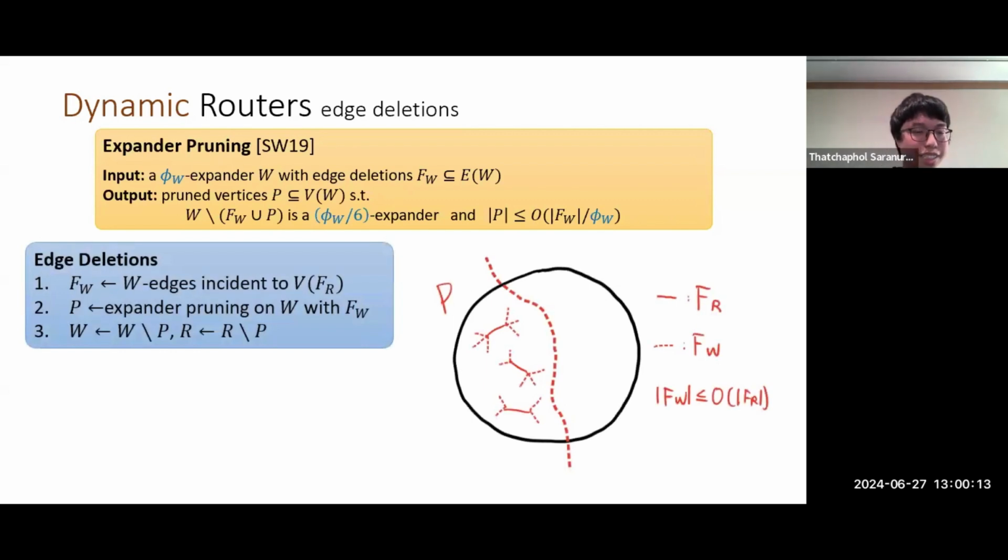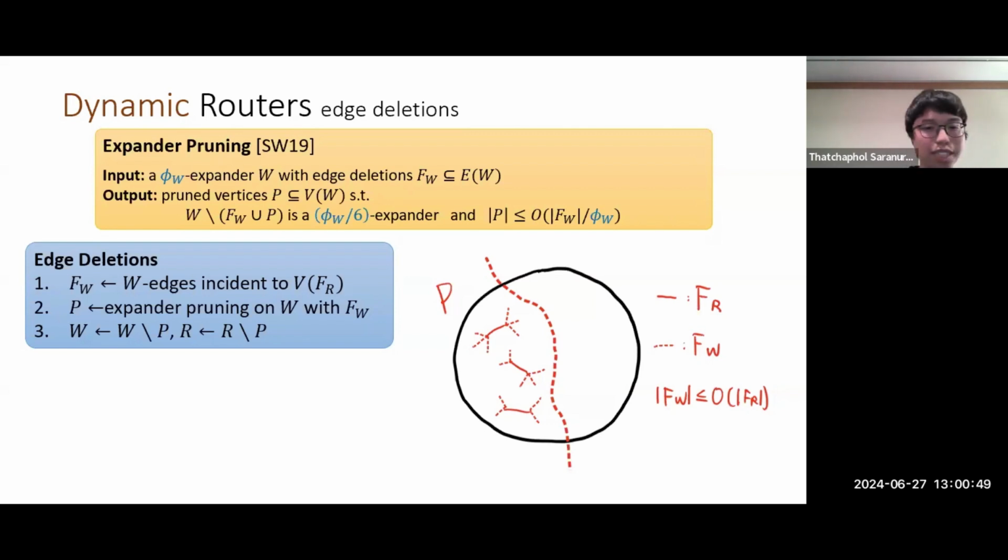So we generate the corresponding edge deletions F_W, given the edge failures on the router. As you can see in this graph, you take the router, and take the W edges that are incident to the endpoints of failed router edges, the dashed edges. Then we apply expander pruning on these edge failures F_W.